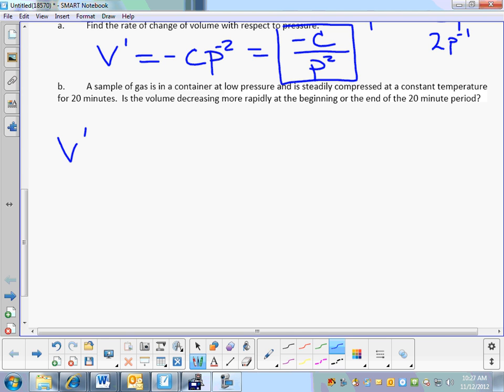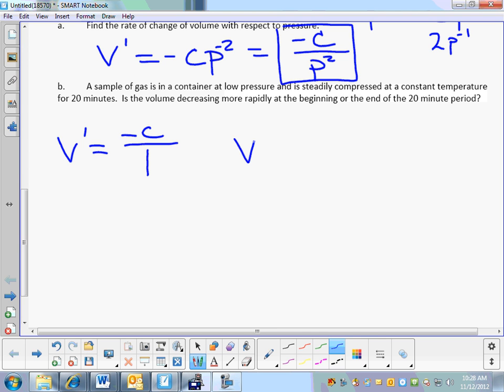The volume prime is equal to negative C divided by, at the beginning, is the pressure going to be big or small? Small. We're hardly compressing it at all, right? So let's just put a smaller number there. Let's just put 1. Okay? 1 to represent a smaller pressure.